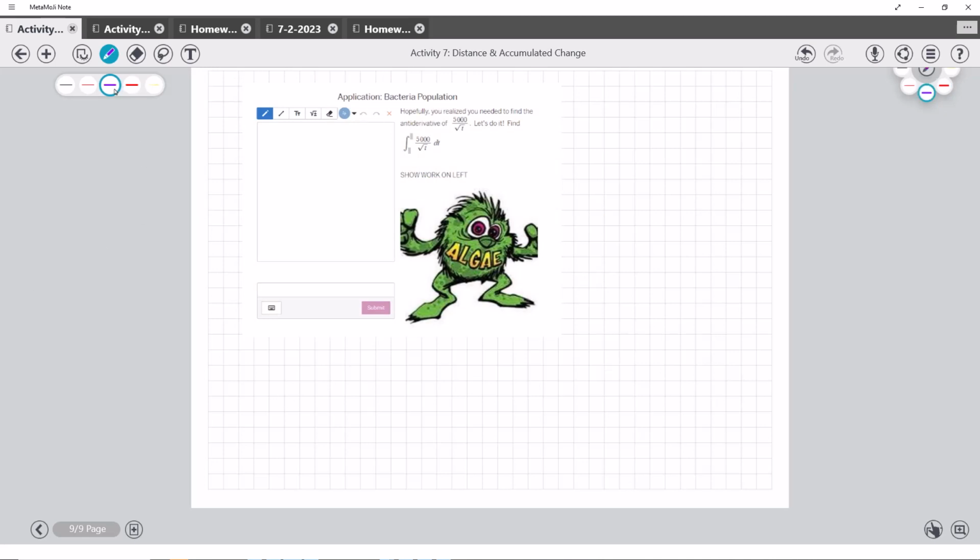I'm doing this antiderivative, and I don't remember anything with a square root, so I'm going to pull that 5,000 out front. And then I'm going to bring the square root up to the top.